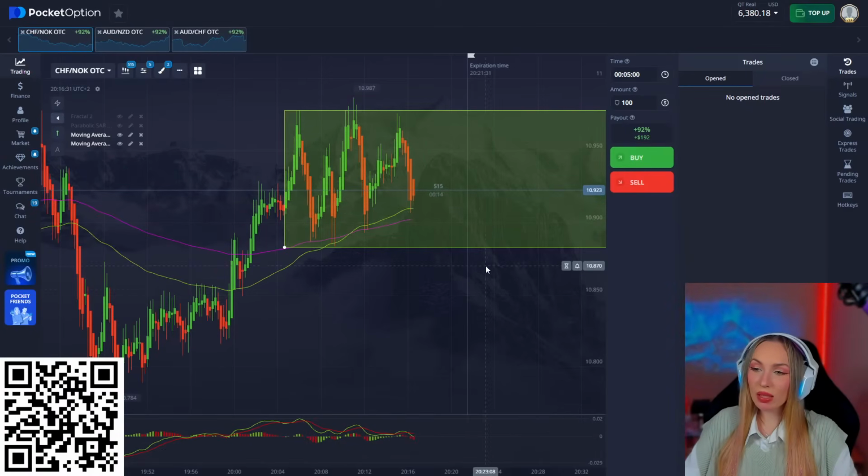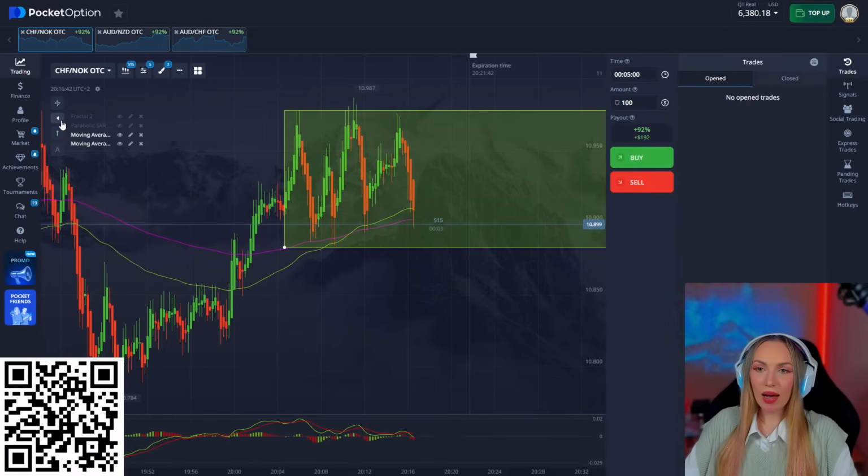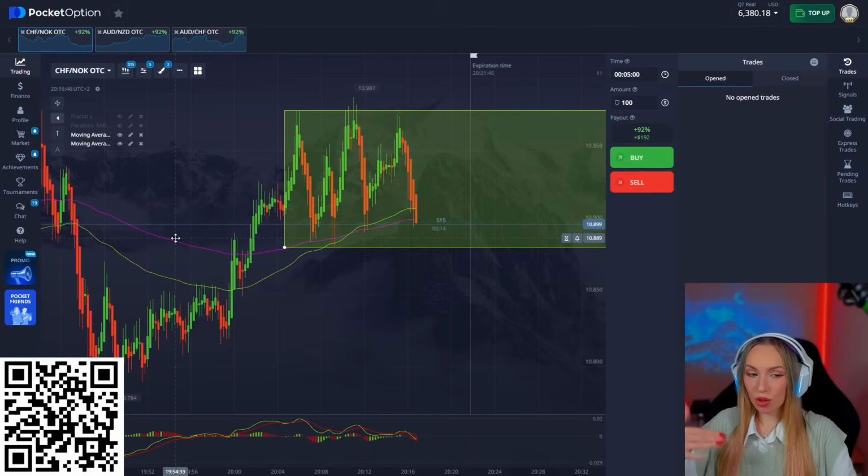For 1 minute we can actually open the trade. Well, 1 minute trades are kind of risky. I do not prefer to go on a time frame lower than 30 seconds.